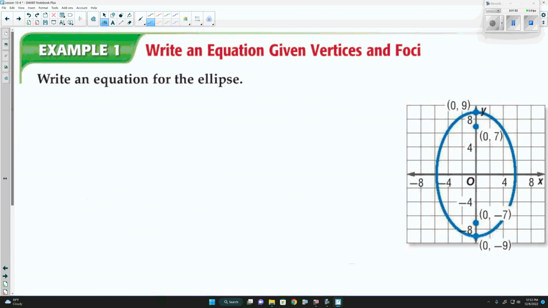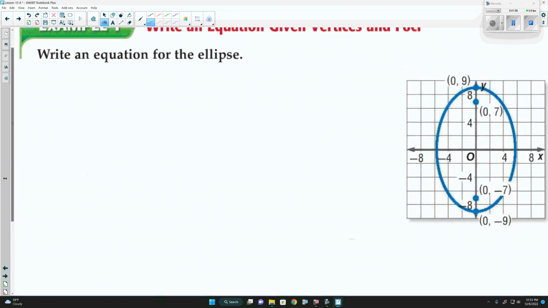Now the first thing we're going to be doing is finding the equation of the ellipse from the given data. One thing that's going to be the same in all of these is that we're going to have x minus h squared and y minus k squared. The only difference between the two is where A squared and B squared are located, which one it's going to be under.